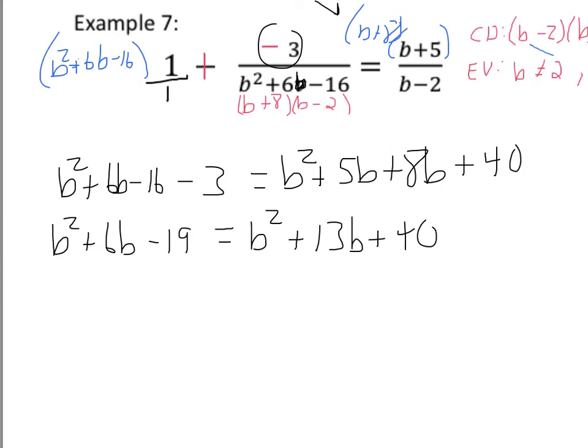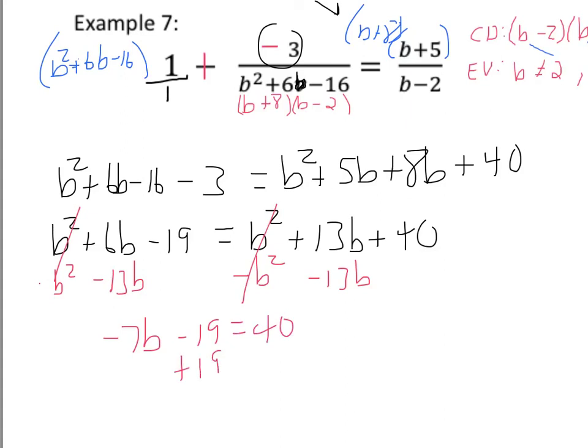Now I'll start moving things around. Now the good news is when I subtract b squared, they cancel and I no longer have a quadratic equation, which means now I don't have to follow the rule of getting everything to one side, so I'm just going to bring 13b over, which gives us negative 7b.